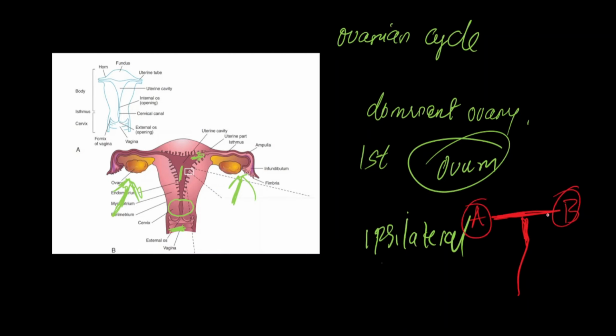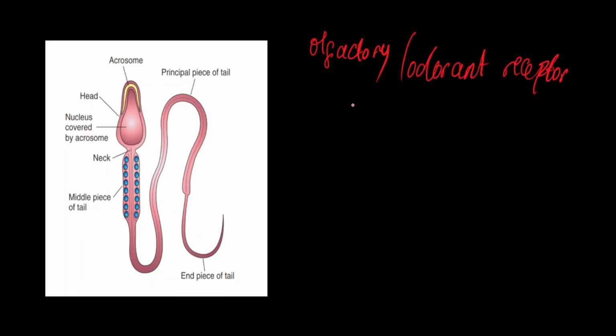Now, it's important for us to take note of the fact that the sperm cell actually has certain olfactory receptors. These are olfactory receptors, and they are also sometimes called odorant receptors. Now, these odorant receptors of the sperm cell are able to detect or, in quotes, perceive progesterone.